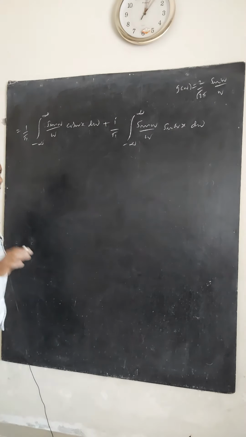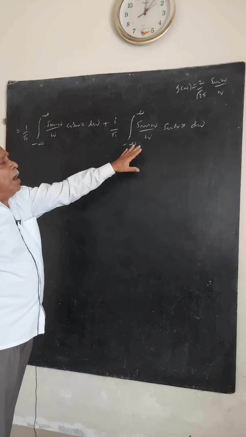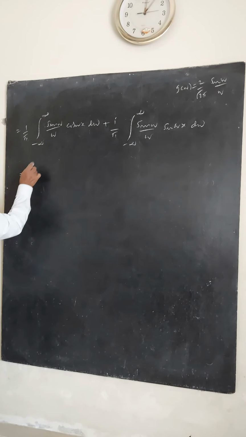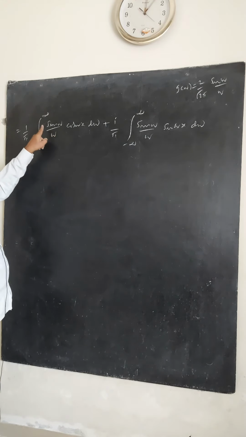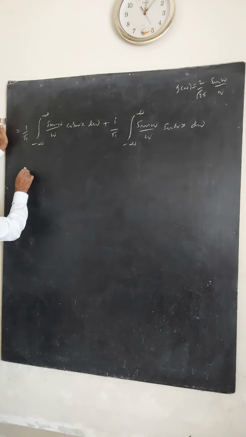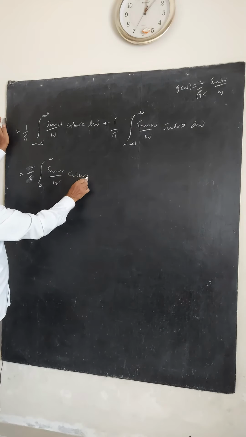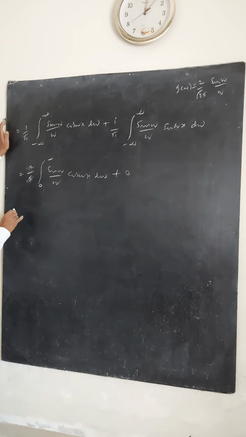See, I told you, all imaginary parts are mostly odd functions. The imaginary part would become zero in all sums. This one is even. See, in sin the negative comes out, and omega also has a negative. Cos won't give a negative. Therefore, this is positive, an even function. If the function is even, it is twice of 0 to infinity sin omega by omega cos omega x d omega, plus 0, as this is a completely odd function.